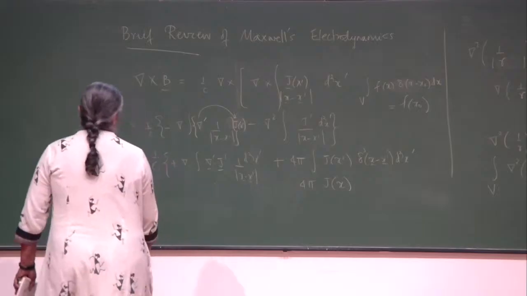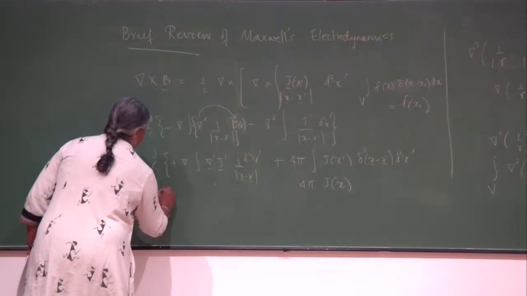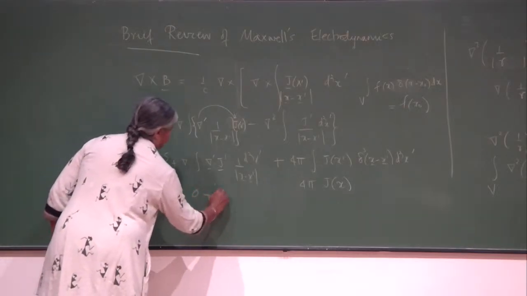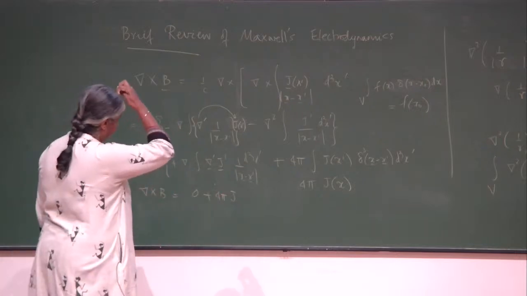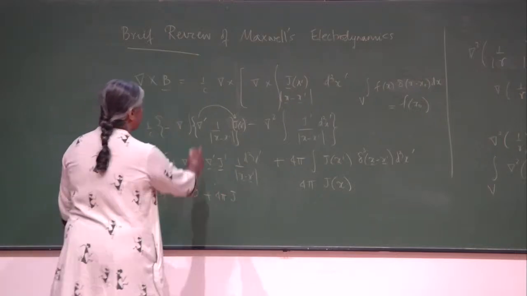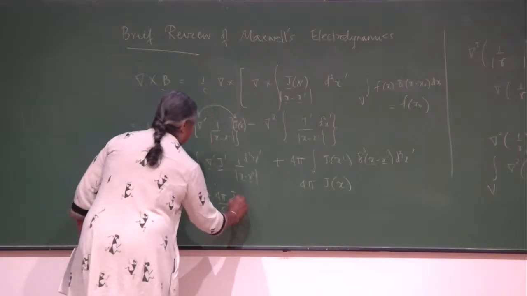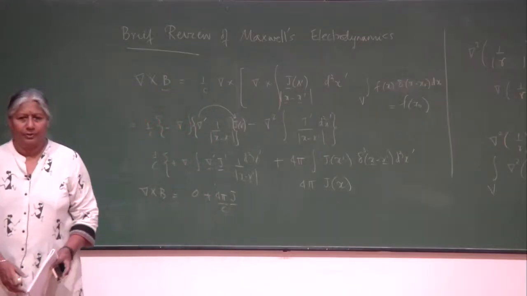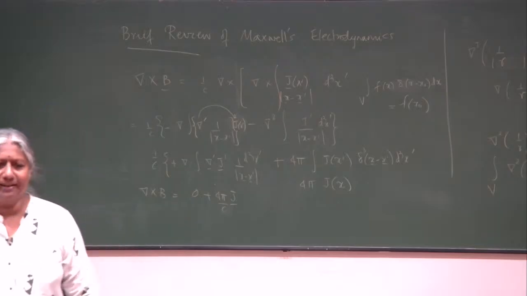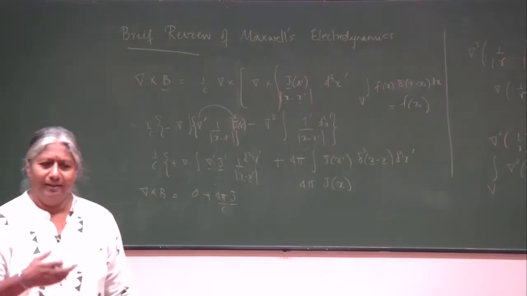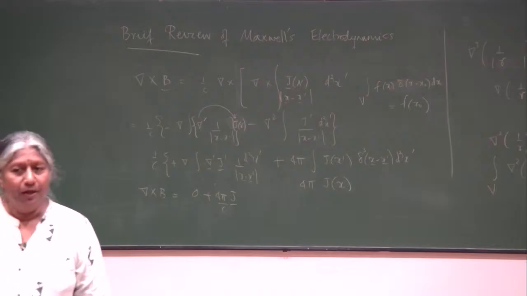So what will happen? You will just get del cross B is equal to 0 plus 4 pi by c, j. Actually there was a 1 by c, so I should get a 1 by c j. And it will be easier to correct for the displacement current, rather than to solve this integral when del dot j is not equal to 0.